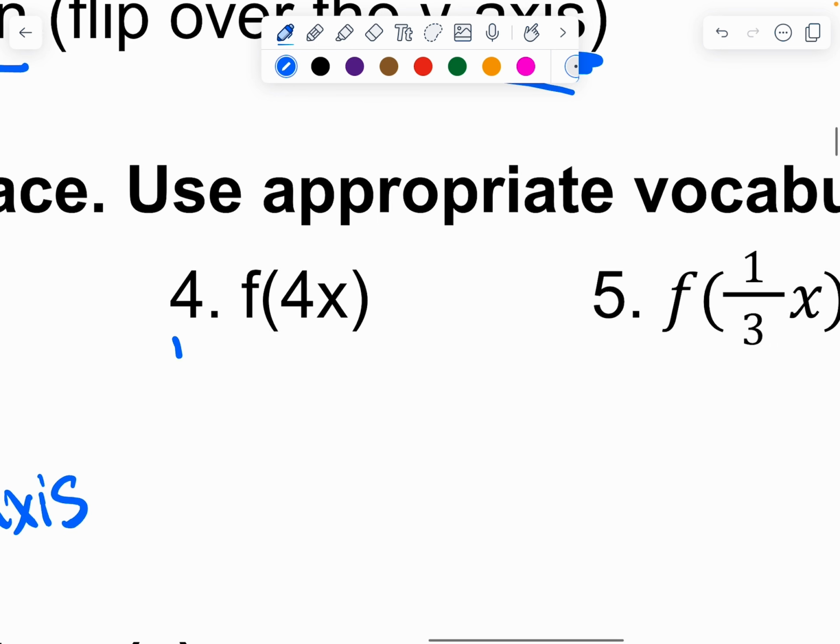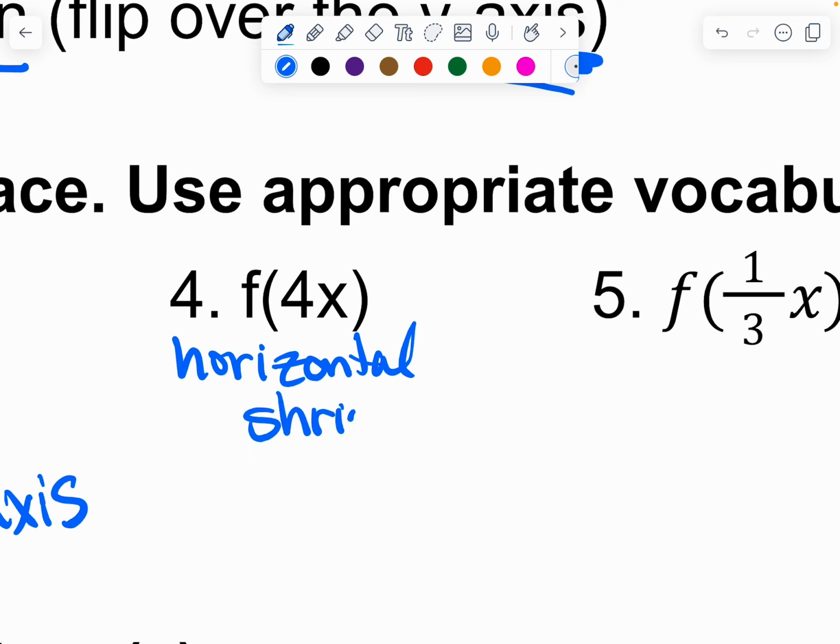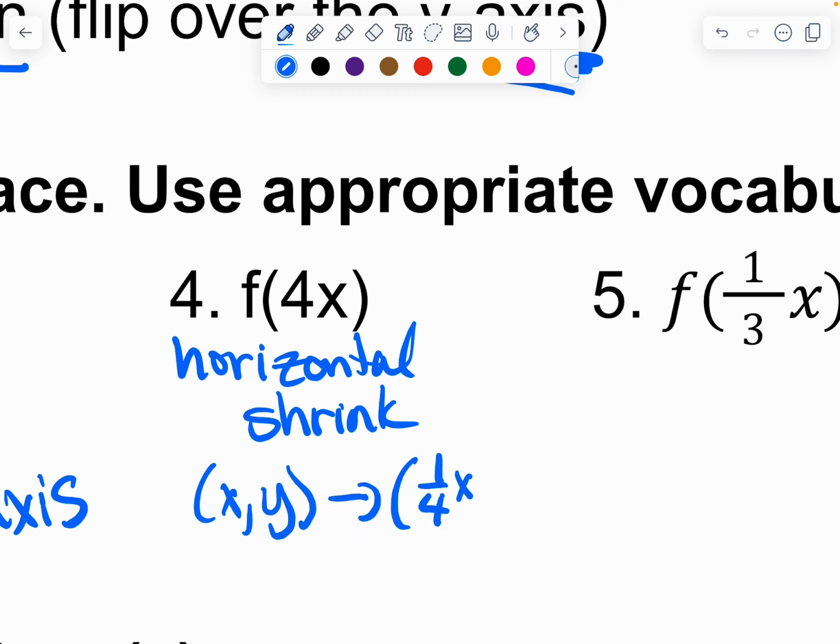So that's going to take the numbers from x, y and change it to 1/4 x, y, because you do the opposite operation. The opposite operation of 4 times x is going to be x over 4, or 1/4 x.